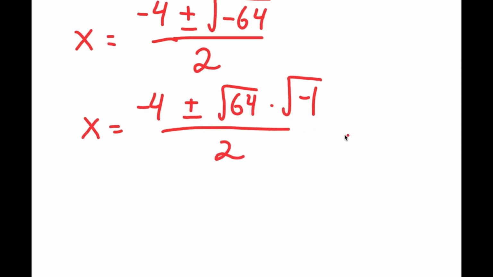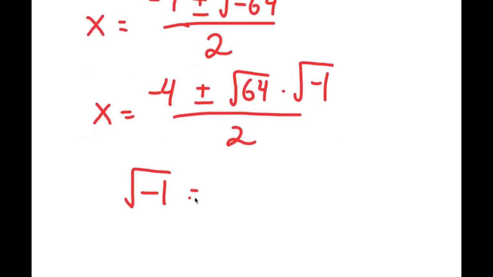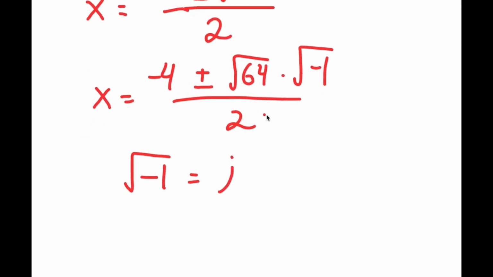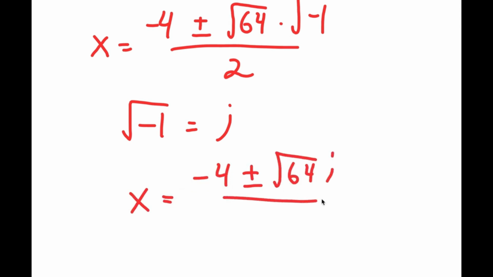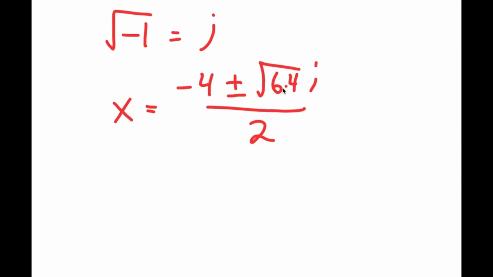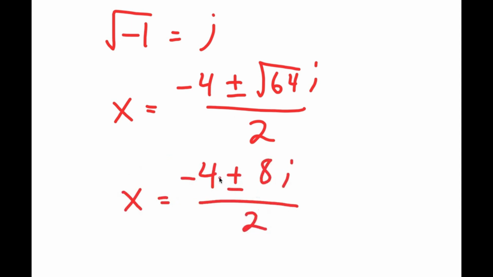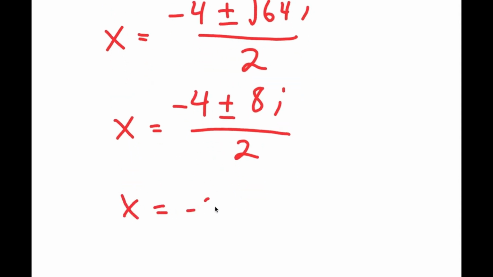And if you didn't already know, the square root of negative 1 is equal to the imaginary number i. So if I replace the square root of negative 1 with i, I get x is equal to negative 4 plus or minus the square root of 64 i over 2. And the square root of 64 is equal to 8. So I get x is equal to negative 4 plus or minus 8i over 2. Negative 4 divided by 2 is negative 2, and 8 divided by 2 is 4.